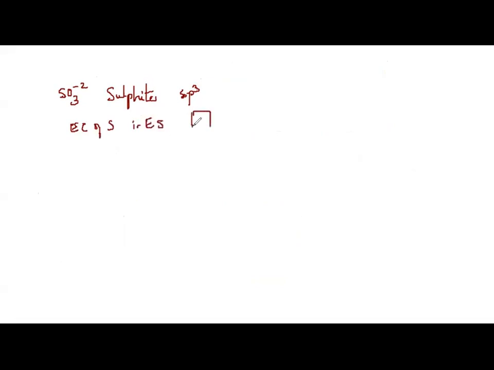Here in 3s, 2 electrons are present, spin up, spin down, and in 3p there are 3 electrons, and in 3d, 1, 2, 3, 4, 5, there is 1 electron.